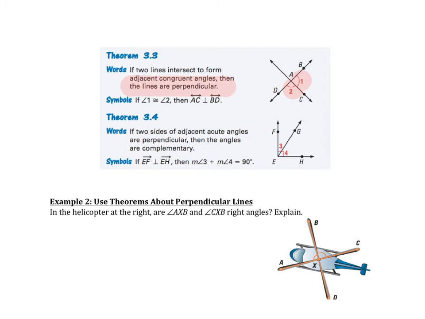The only two angles that can be adjacent and congruent with two intersecting lines are right angles, so they have to be right angles, and then our lines are perpendicular. And if the two outside sides of two adjacent acute angles are perpendicular, such as in the diagram here, then those two angles are complementary.